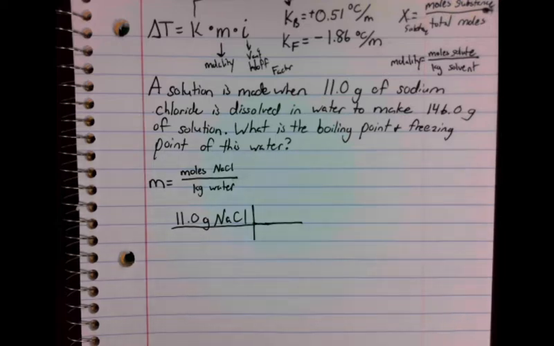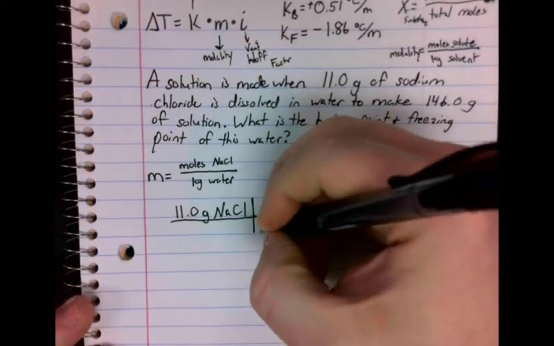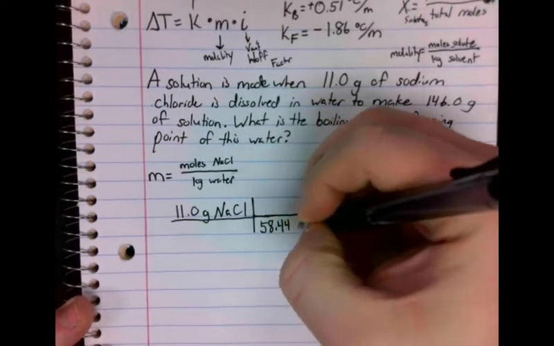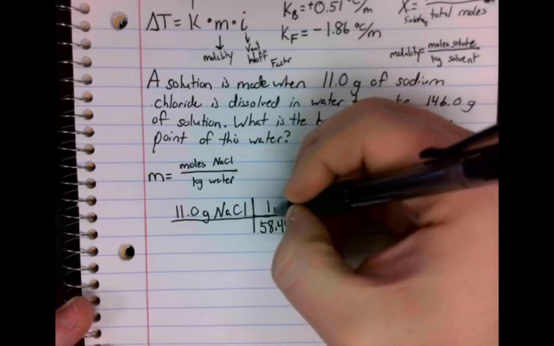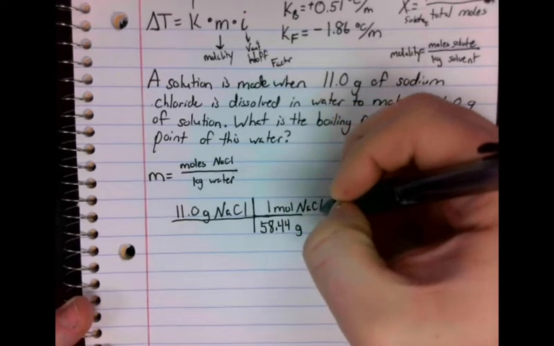So Na looks like it's 22.99. I don't want to do this with an incorrect number, so we're just going to Google it while we're here. The mass of sodium chloride is 58.44 according to Google, and that is grams per 1 mole of NaCl.